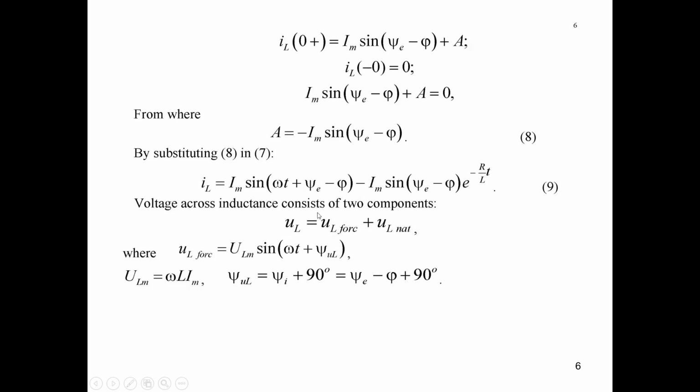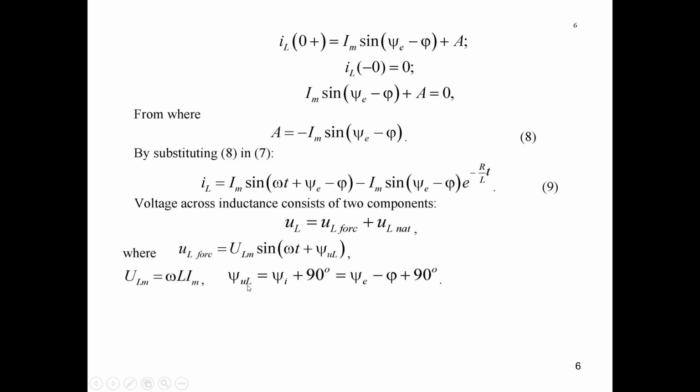For this we should take the derivative of IL, or we can just write down UL first as the product of UL maximum and sinus of omega t plus psi UL.